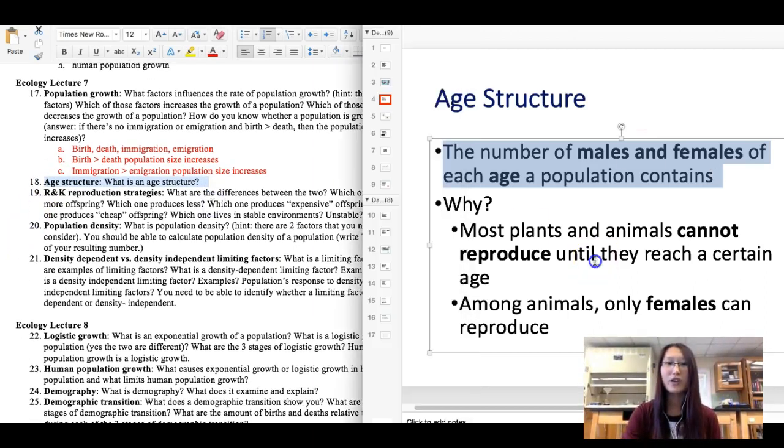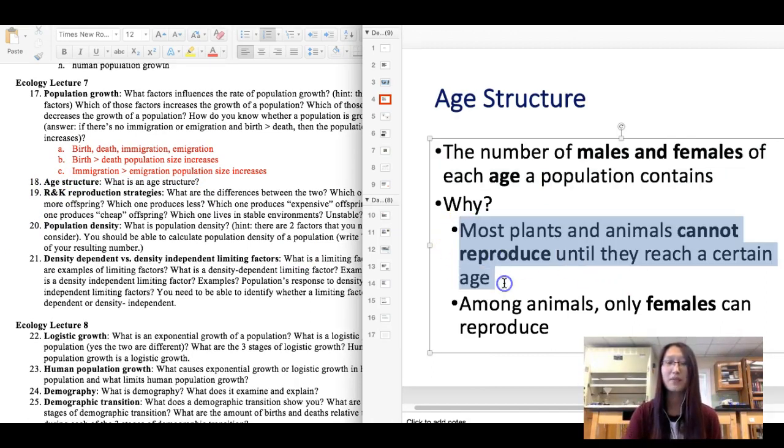The reason we talk about that is so we can think about how fast your population is going to grow, because if you have a lot of really young people, then your population is probably not going to grow really fast until those young people grow up a little bit. If you have a lot of deaths, for example, your age structure is going to look different from a population that doesn't have as many deaths.